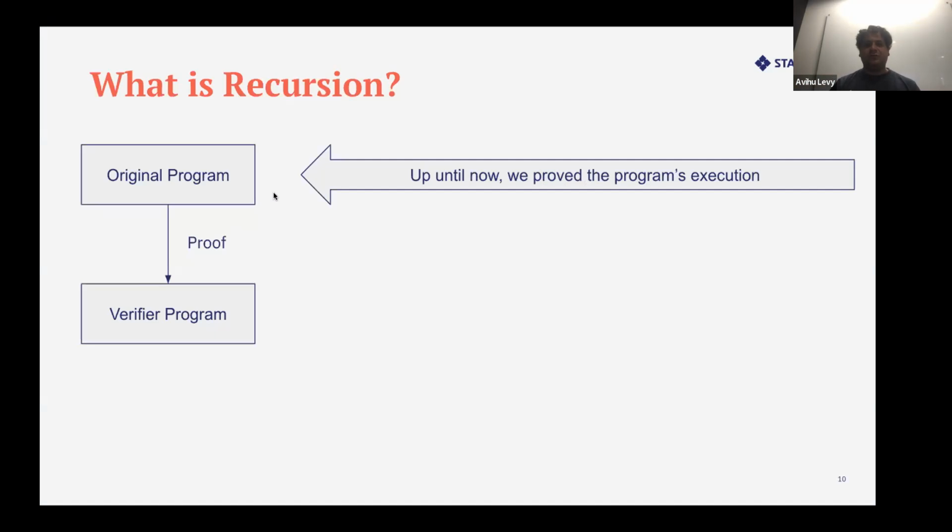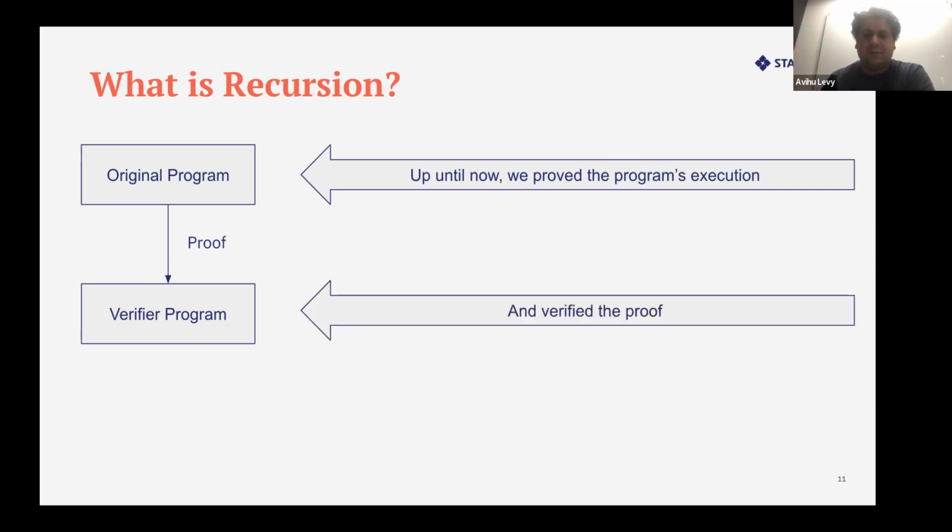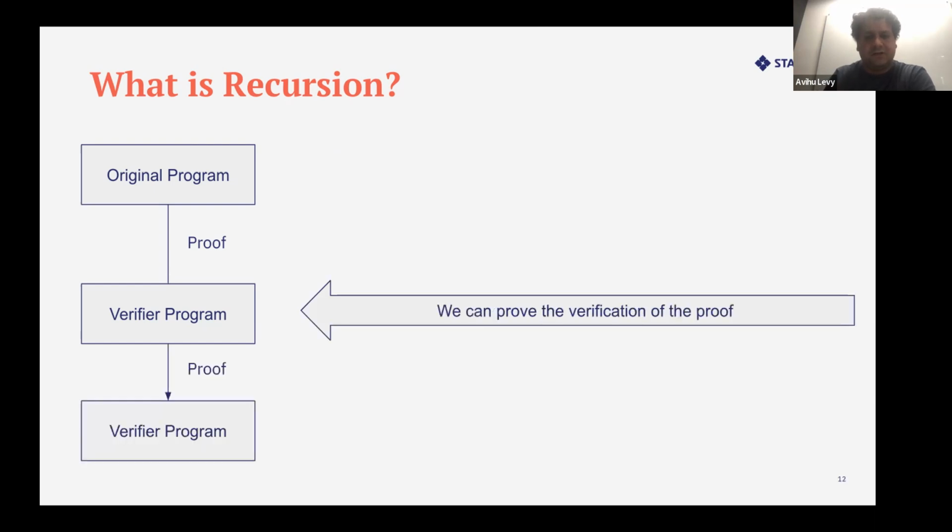Okay, so what is recursion when it comes to proofs? Normally we have some original program that we want to generate a proof for and verify on a verifier program, and this is what we do. We prove the program execution and we send this proof to the verifier, and everyone is happy. But the thing is that this verifier program is a program by itself.